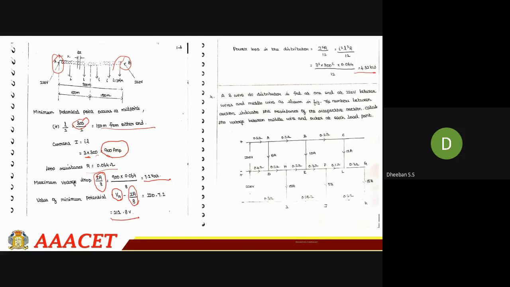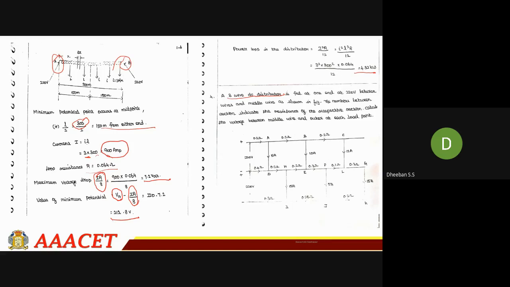Next we'll be moving to the next problem. The next problem deals with a 3-wire DC distributor.